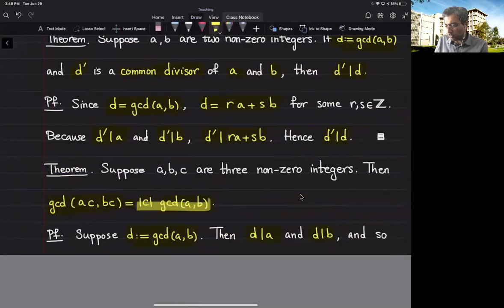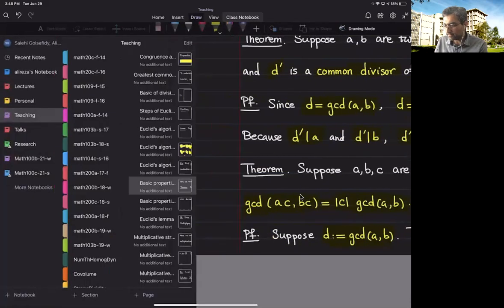What I'm going to do is show that this side is at most this one and vice versa. I'm going to show two inequalities in order to get this equality.